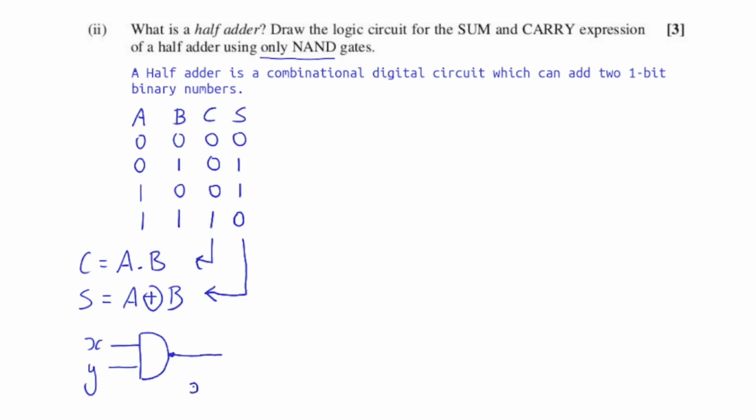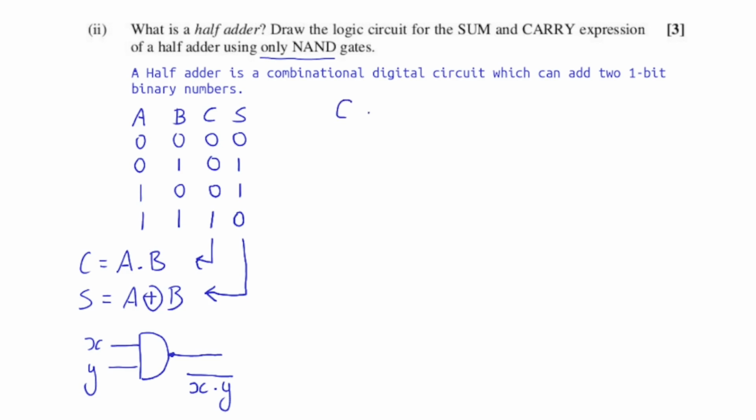Algebraically, NAND means X dot Y whole complement. So our task is to convert these two expressions, that is C is equal to A dot B and S is equal to A XOR B, into a form so that it is in the form of X dot Y whole complement. Let us first convert the carry expression so that it contains only NAND.